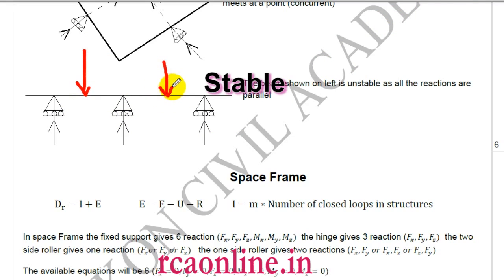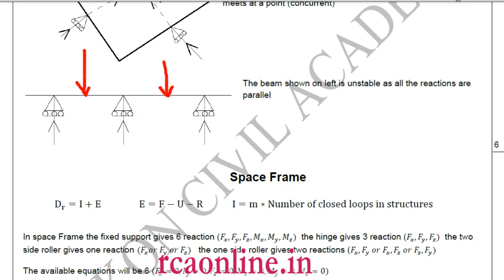This is a stable structure. Sometimes in engineering services, I have seen questions in which the examiner has given a particular point that the reactions are vertical. If the reactions are vertical, then this structure is stable. But if it is having a generalized loading, then this structure becomes unstable. So please keep a watch on what the examiner is asking.